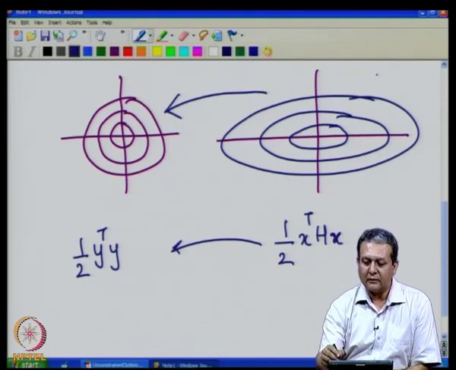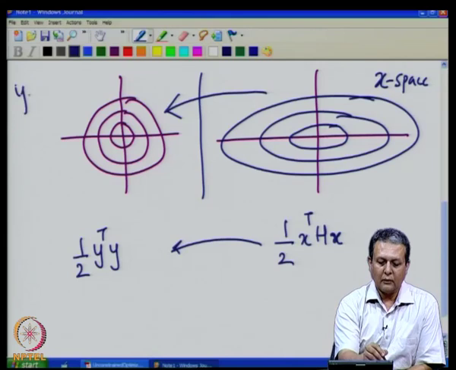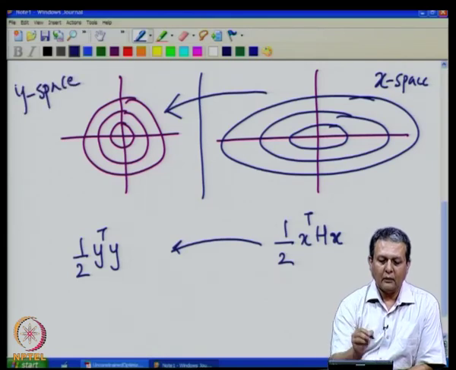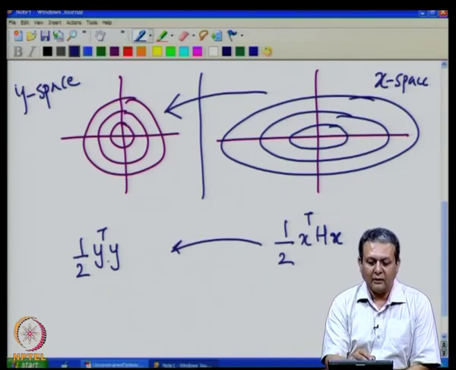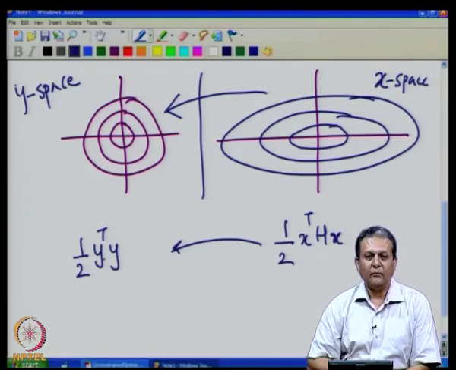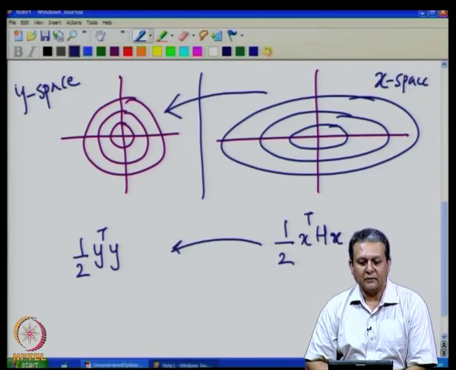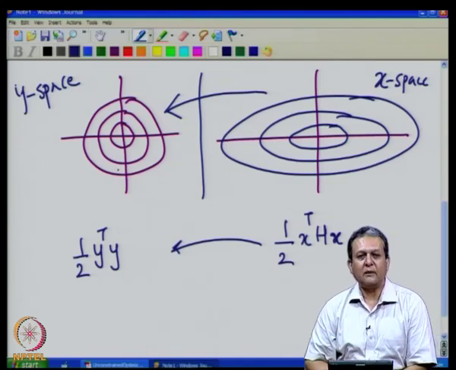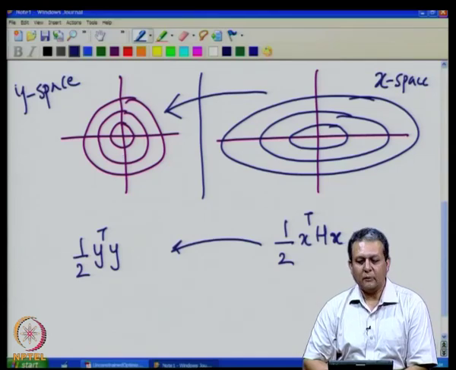Let us call this the x space, and this is the contours in the y space. So, if we transform x to y in such a way that for the same objective function, the Hessian matrix in the y space is an identity matrix, then we can apply the steepest descent method in this case and get the convergence in one step. Now, how do we do this transformation?